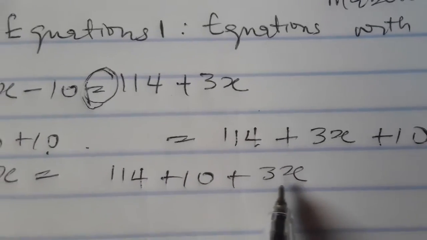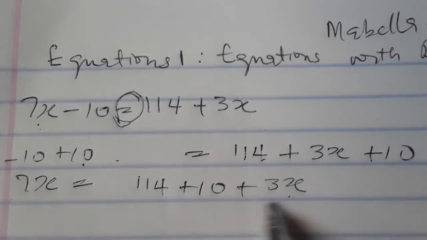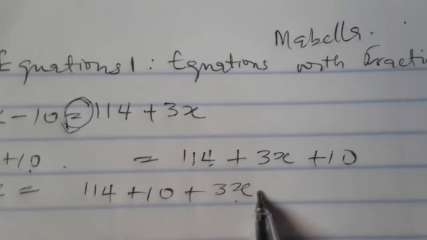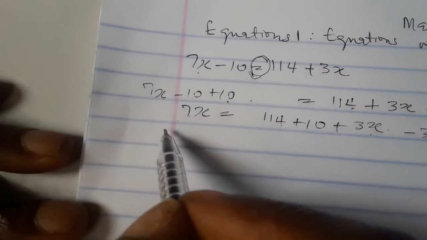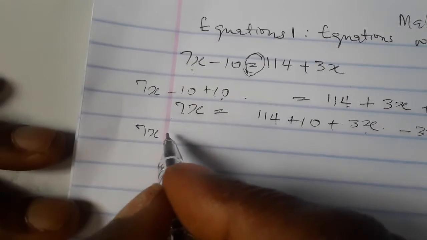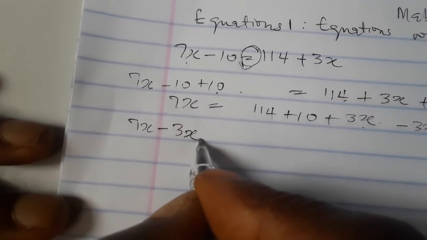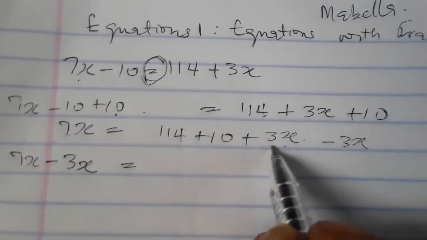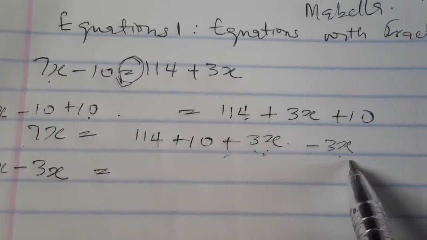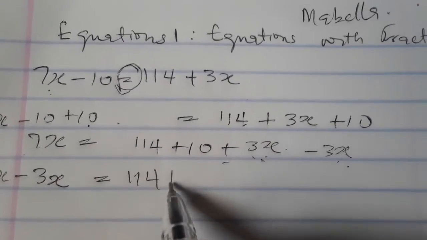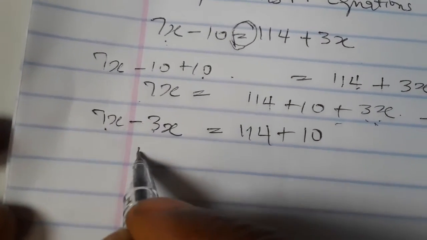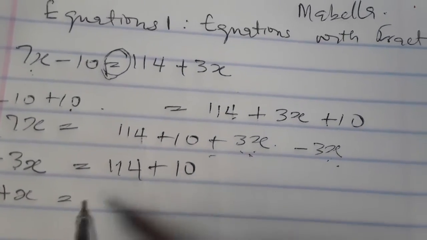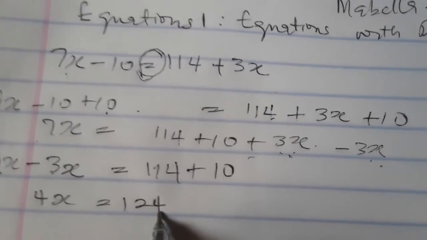Now in order to bring 3x onto this side, I need to subtract 3x from this side. So if I say minus 3x on this side, on this other side of the equation, I must as well subtract 3x, which would give me 3x minus 3x, which is 0. So I have 114 plus 10. And 7x minus 3x is 4x. 114 plus 10 is 124.